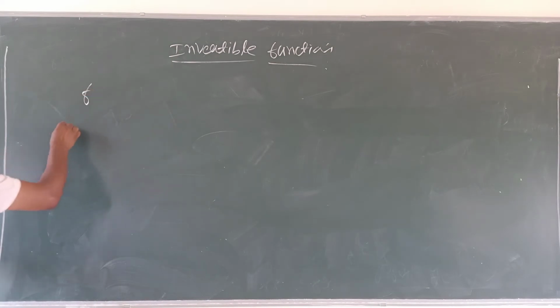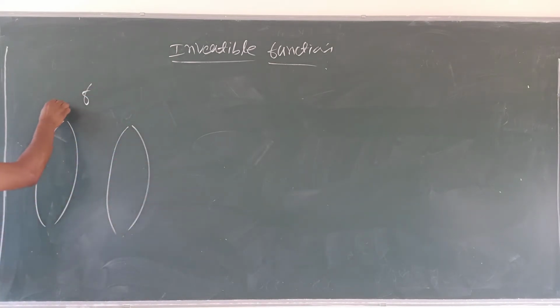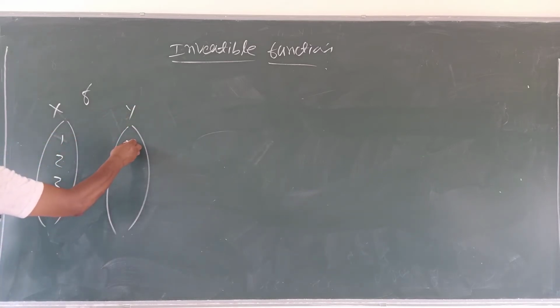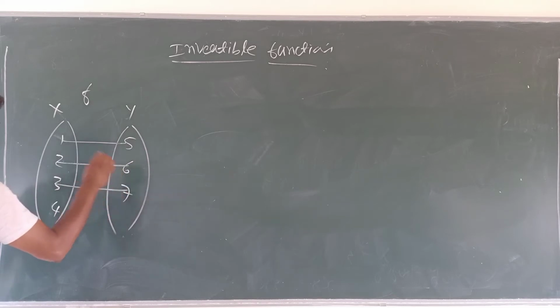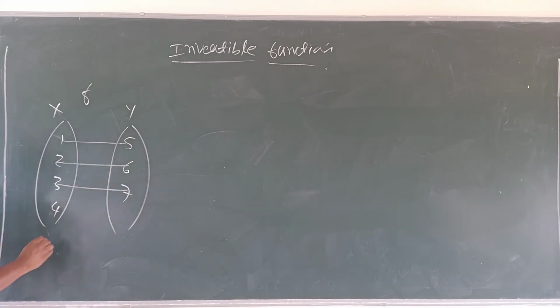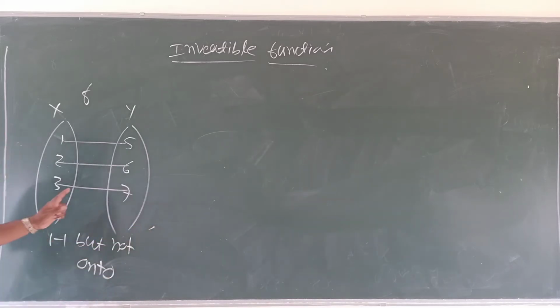F from X to Y, with elements 1, 2, 3, 4 and 5, 6, 7. This is 1-1 but not onto.